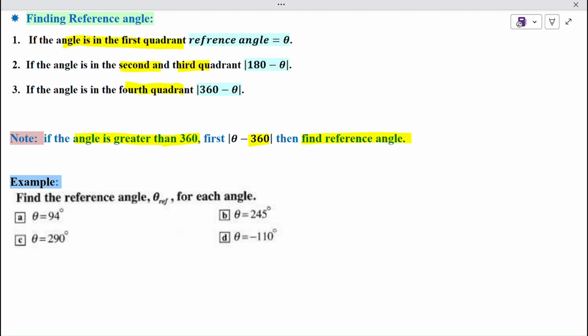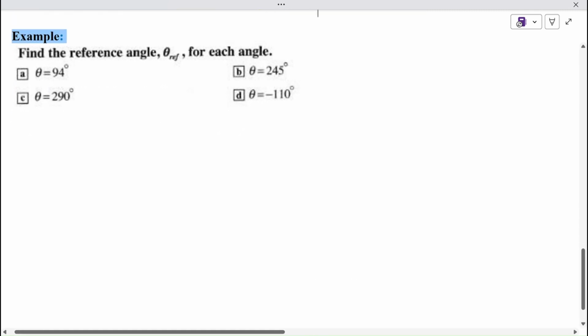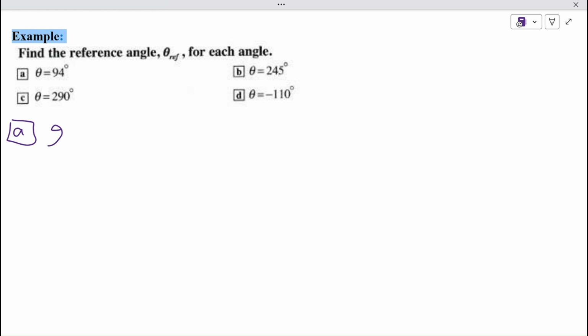Let's solve this question, guys. Find the reference angle for each angle. Now, A is 94. At first, let's sketch it in standard position. Where is 94?